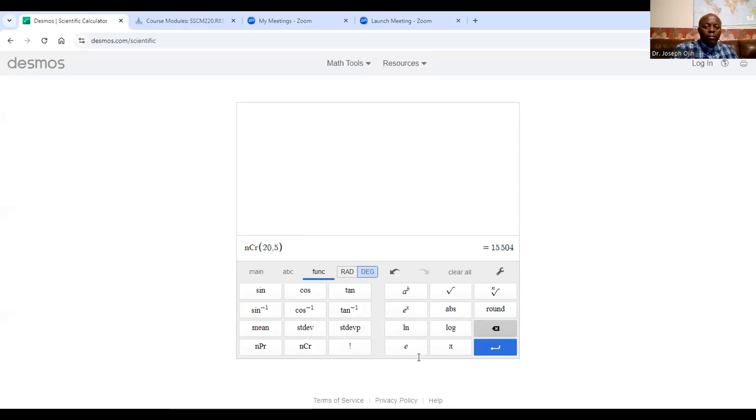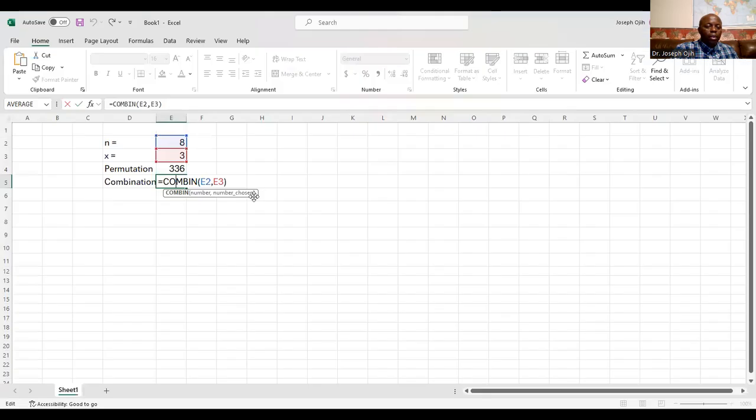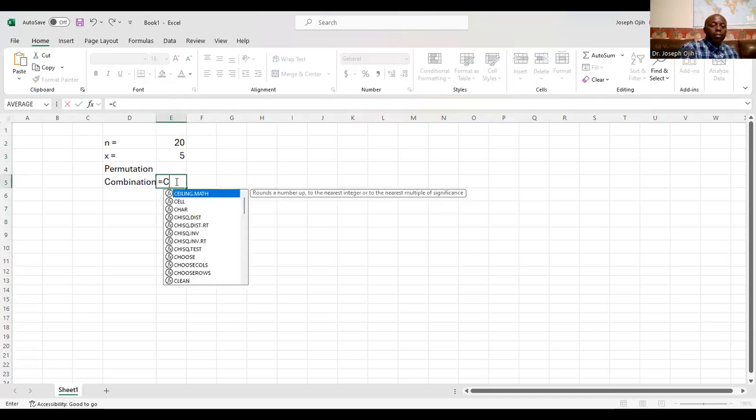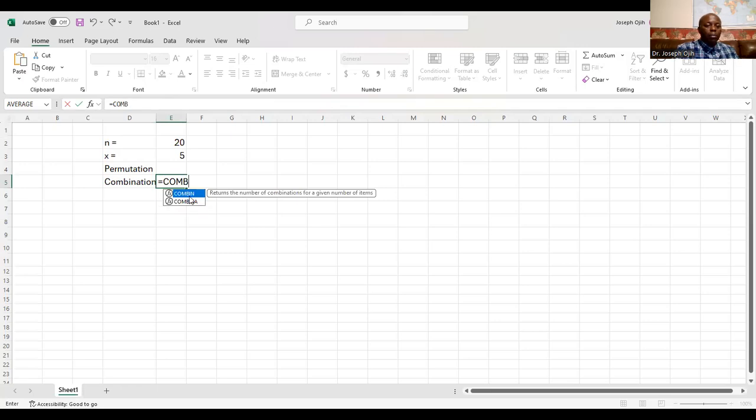Let's do it in Excel. Let's say that we have, I want to clear this and put 20 here, combination 5. So in that case, put equal, combine. It pops up, double click on it. Then for the number, click on the N, comma, number chosen, click on the X, press the enter key.